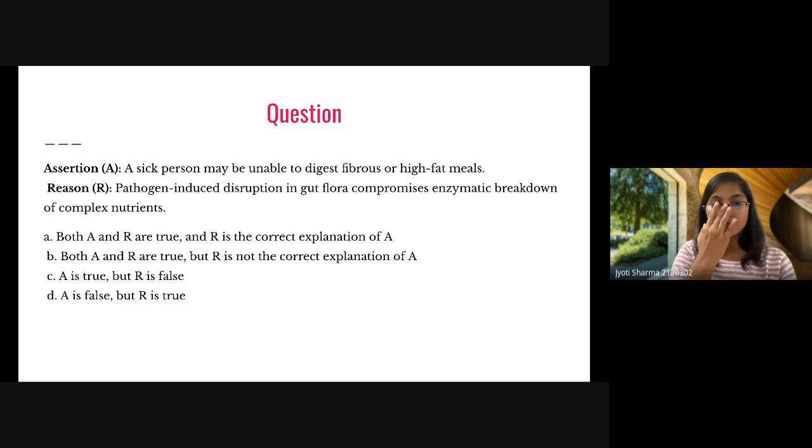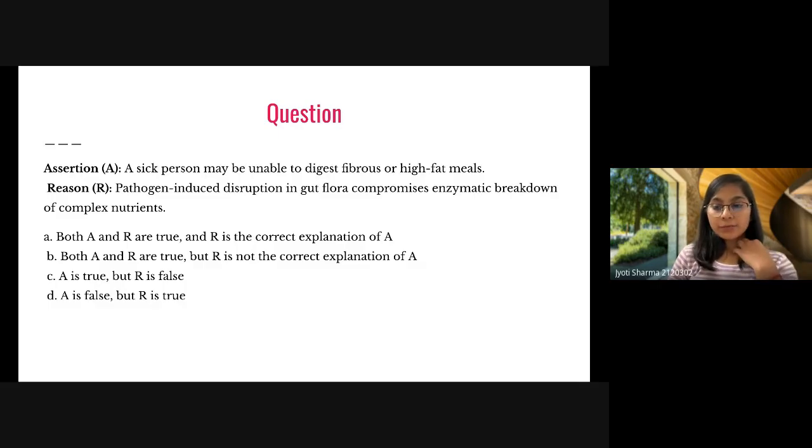Okay, so the next question is, we have one assertion, and this assertion is, a sick person may be unable to digest fibrous or high fat meals, and the reason is pathogen induced disruption in gut flora compromises enzymatic breakdown of the complex nutrient.